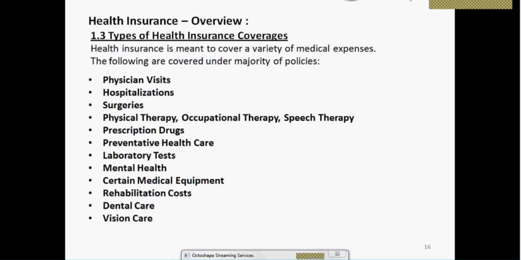Then there's lab tests, with a cost incurred by X-rays, blood work, etc. Then there's mental health, medical equipment, if you are using anything. Then the rehab cost, dental, vision. So there are different types of costs that you need to make sure your policy or your contract with your insurance company covers. So that's just a list.